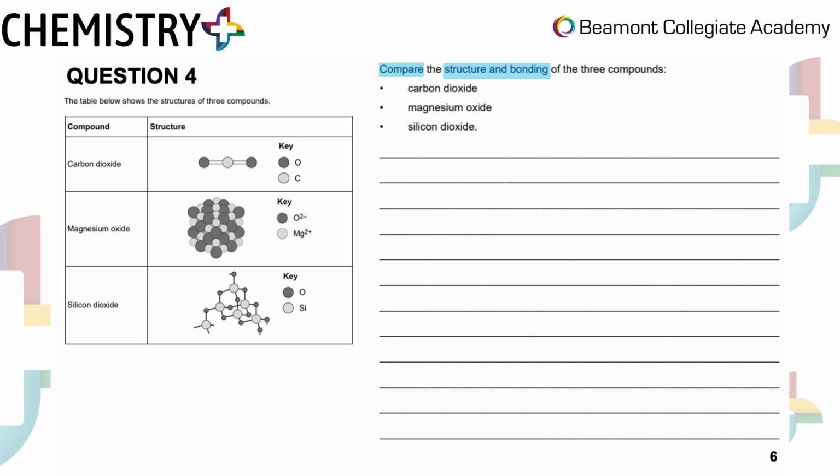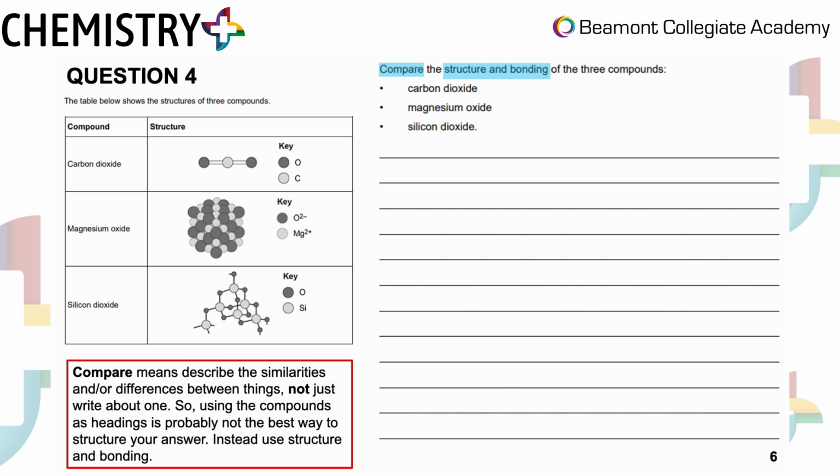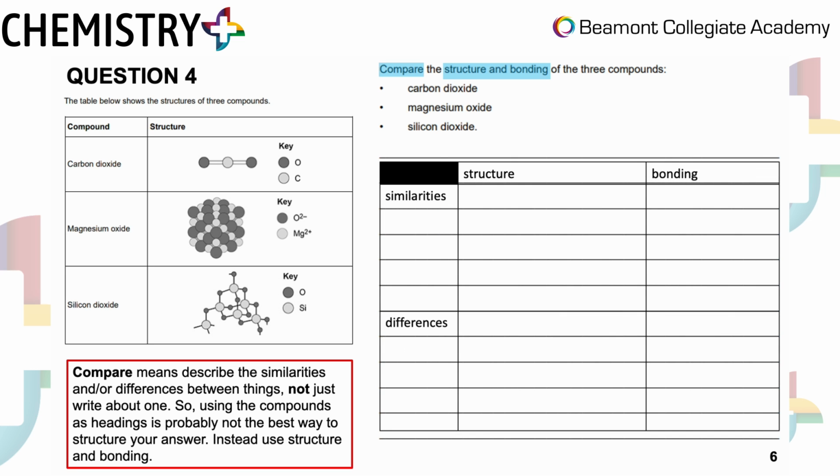So how did you get on? Did you construct a table as suggested with structure and bonding as headings? Here's my table: structure and bonding as my two headings, and then similarities and differences down the side. I'm going to start with carbon dioxide.